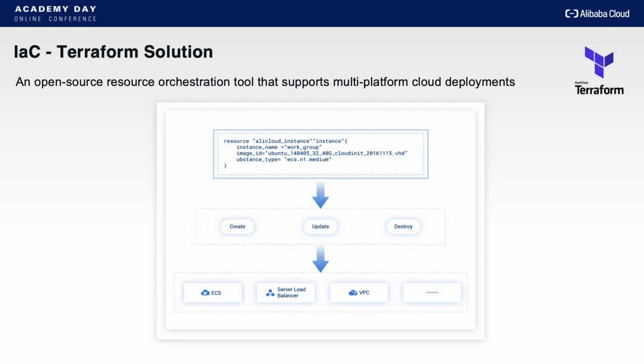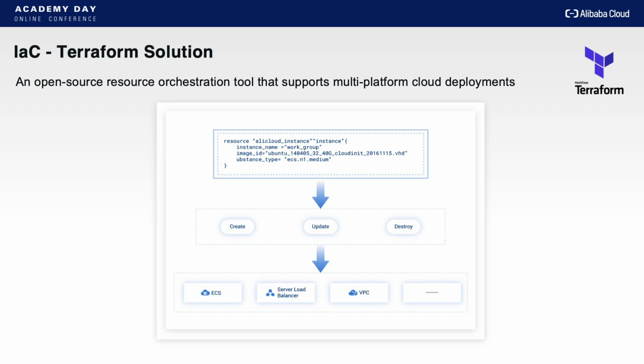Let's take a look at the Alibaba Cloud DevOps solution. The first use case is infrastructure as code using the Terraform solution, which is the open source resource orchestration tool that supports multi-platform cloud deployment.